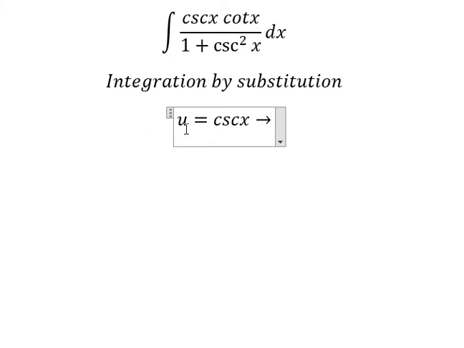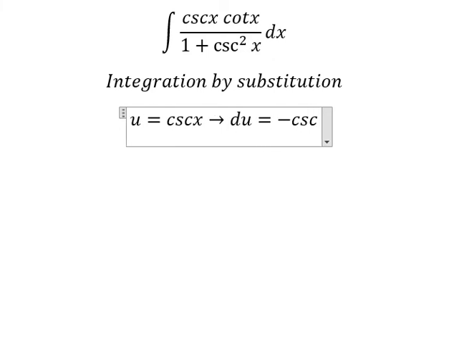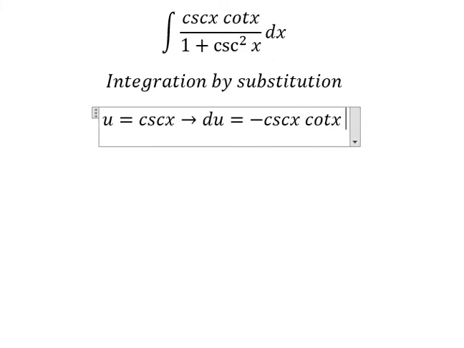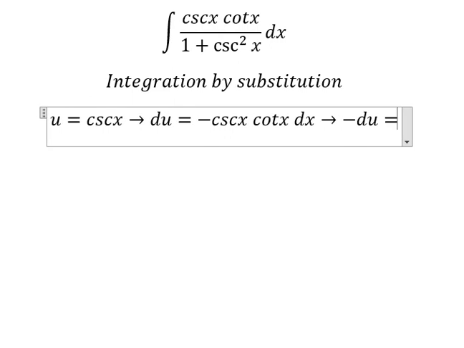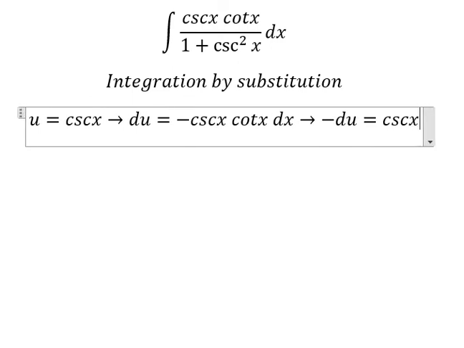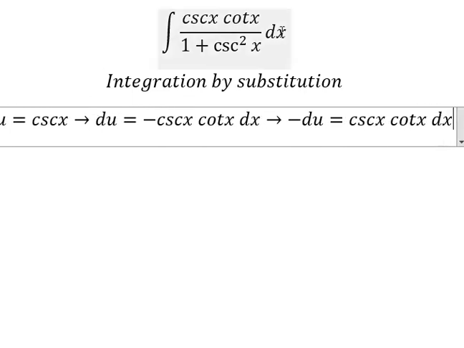After that, we first take the derivative of both sides, and we have du equals negative cosecant of s cotangent s ds. Next, because we don't have the negative sign in here, I will move the negative to the left, and we have negative du equals cosecant of s cotangent s ds.